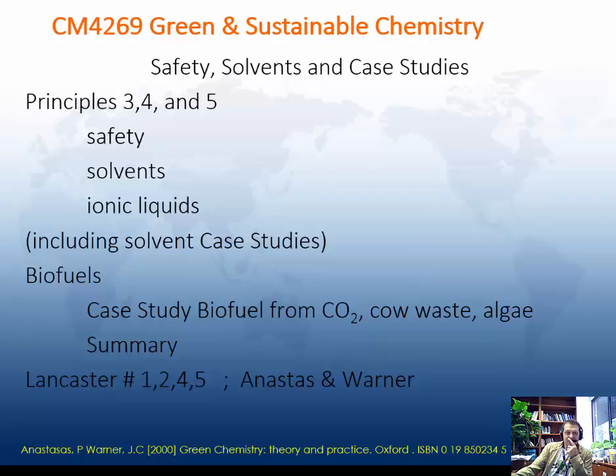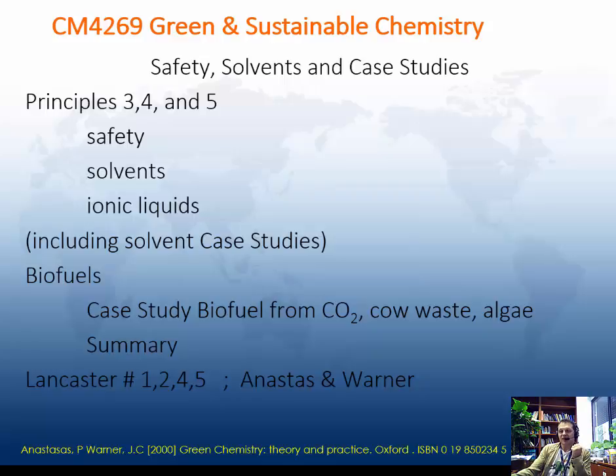So let's start thinking about the principles and some things that flow from those. So we're interested really in 3 of the principles. Principle 3, which is about less hazardous syntheses. Principle 4, about designing safer chemicals.